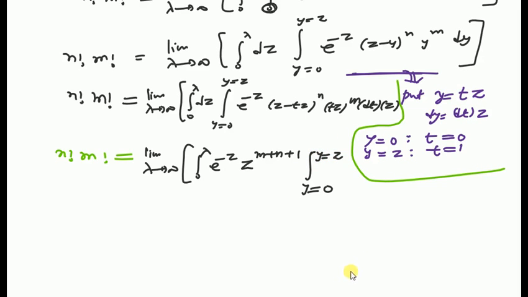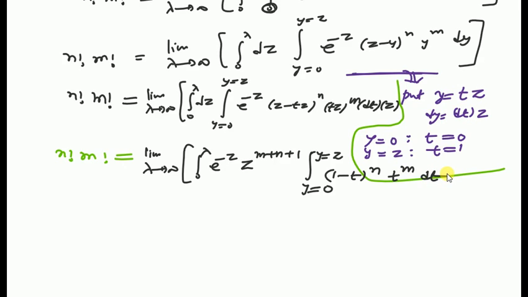Then what is left? This entire integration I am writing here. e power z is gone. Then left will be 1 minus t whole power n, t power m into dt.